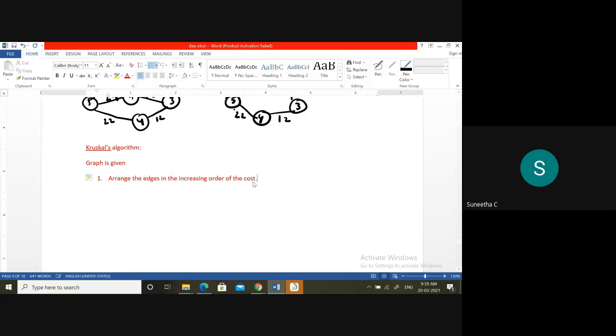That means first we take the minimum cost edge and then we take the next minimum cost edge. Like that we take the edges in the ascending order of the cost.